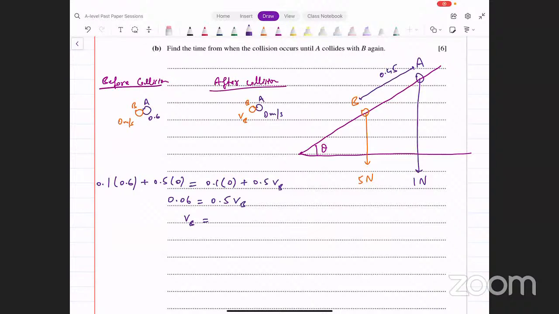Let's figure this out। 0.06 divided by 0.5, that gives me 0.12। This is the velocity of B, 0.12 meters per second। हमने क्या find किया है?